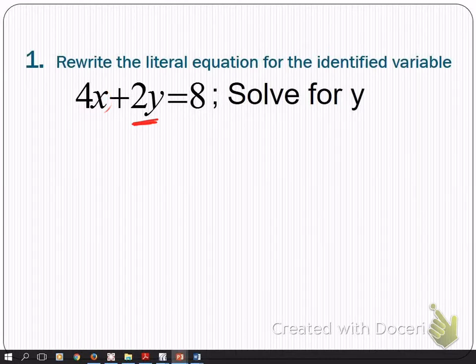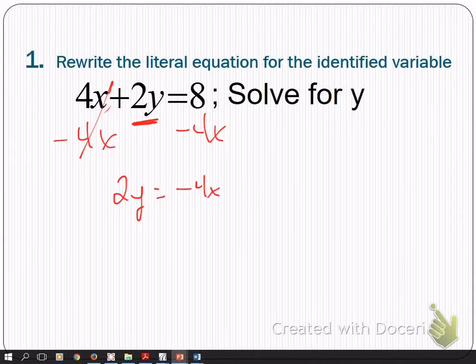So I'm going to subtract 4x from both sides, because that will zero out the 4x here, leaving me 0 plus 2y, or 2y. Over here, 8 and negative 4x, you can't combine them. They're not like terms. One has an x on it, one doesn't. So we just bring these down and make this negative 4x plus 8.